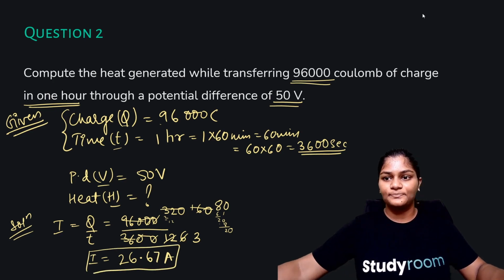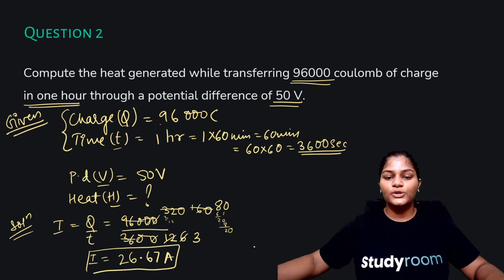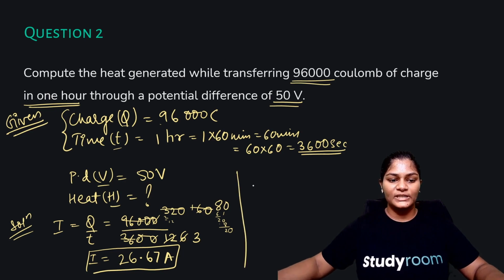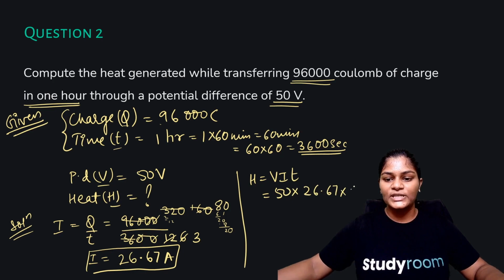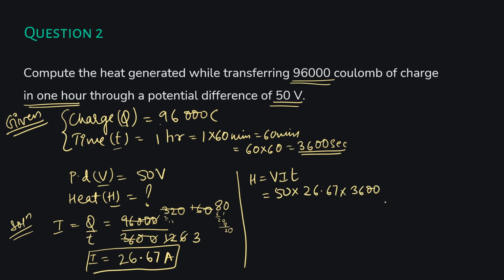Okay, this I get. Then I will use H is equal to VIT. So H is equal to, what is V? 50. What is I? 26.67. And what is the time that it flows for? It is 3600 seconds.